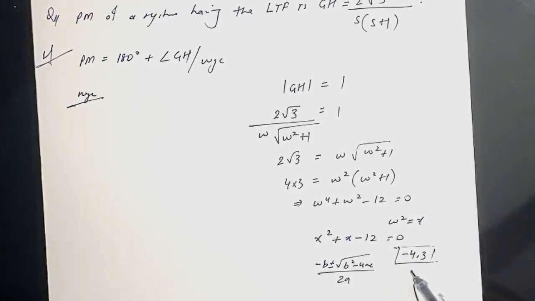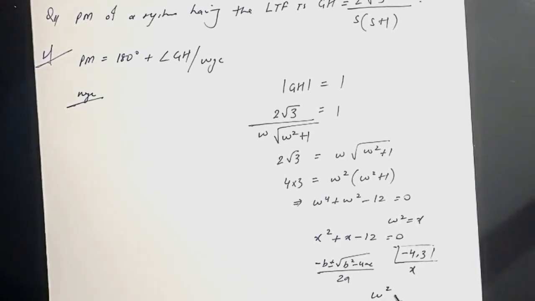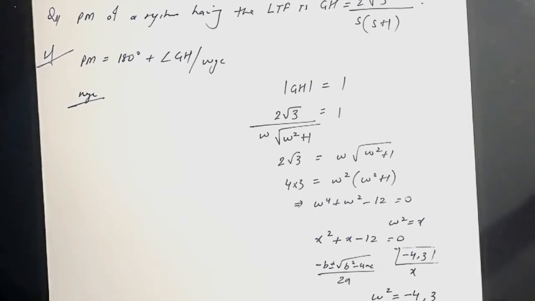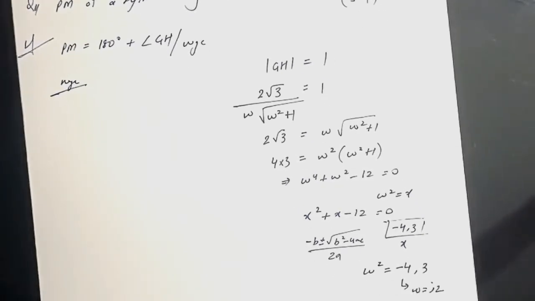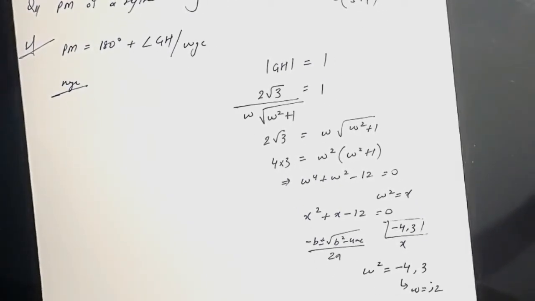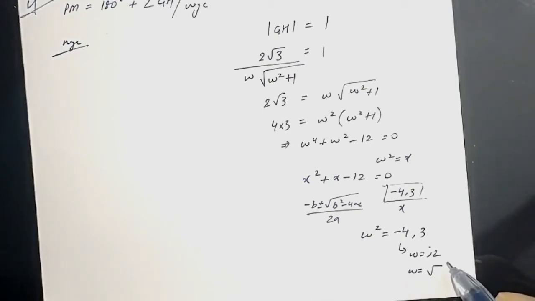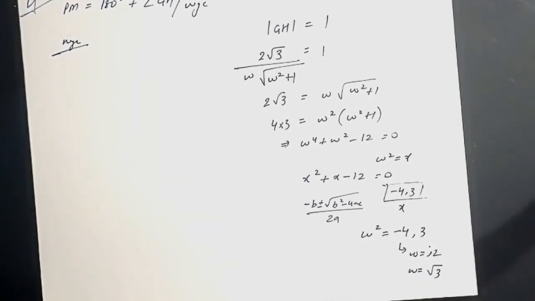So these are the values of x, and x is omega square. So omega square is equal to minus 4 or 3. From minus 4 we will get omega is equal to j2, and from 3 we will get omega is equal to root 3.